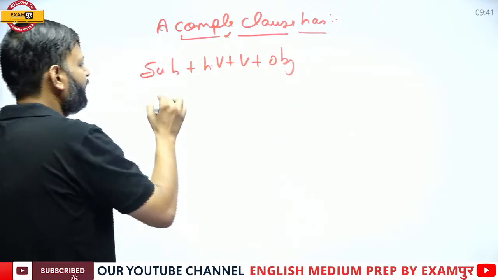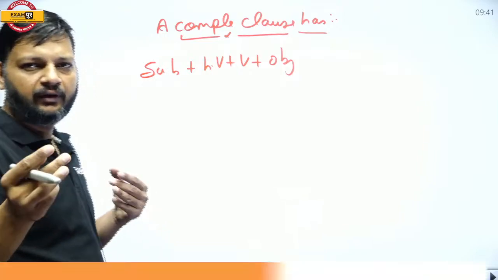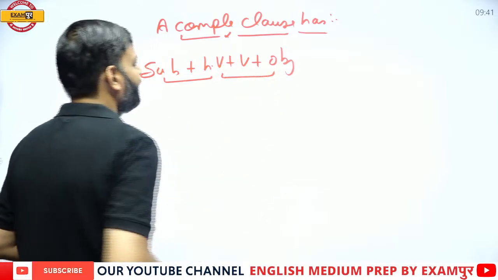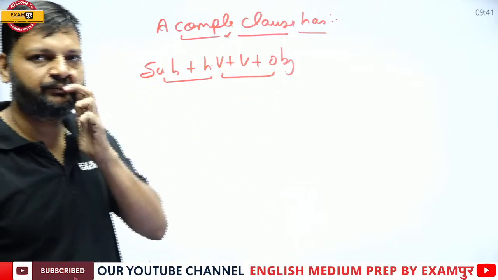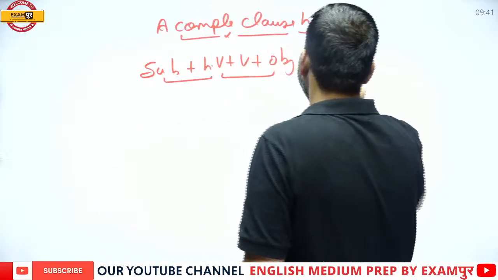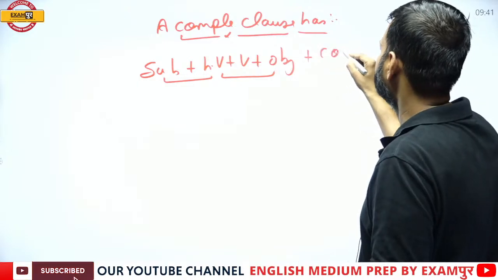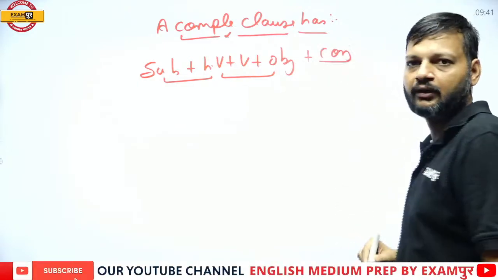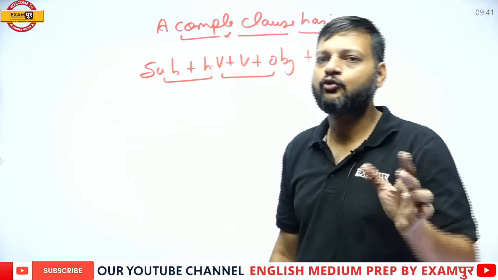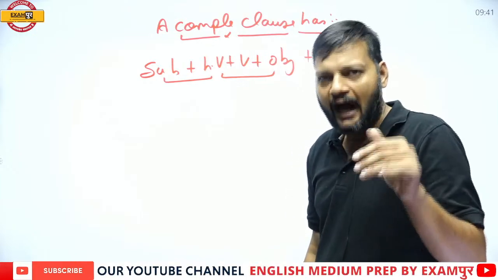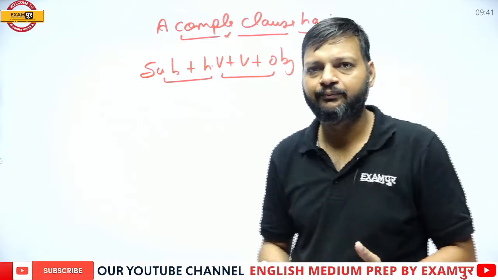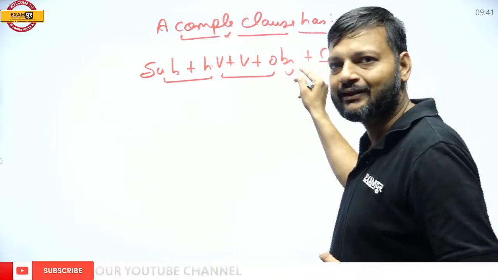So if any structure has a subject, helping verb and object, it is considered a complete clause. Now after object, what do we need? We need a conjunction, because this is a complete clause: subject, verb, object. So if you have to write after object, you need a conjunction, because conjunction is a connector, because this clause has been completed here.